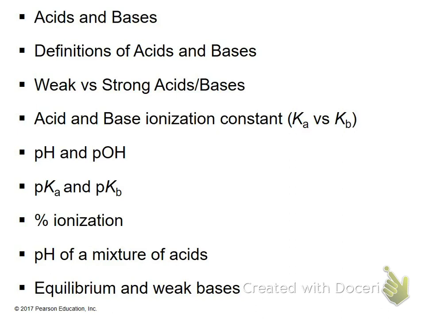A lot of these problems are basically equilibrium type problems where you set up your ICE table. And the last part of this lesson is going to be regarding equilibrium and weak bases. We calculate the pH or the pOH of the solution containing weak bases by solving an equilibrium problem similar to a weak acid.